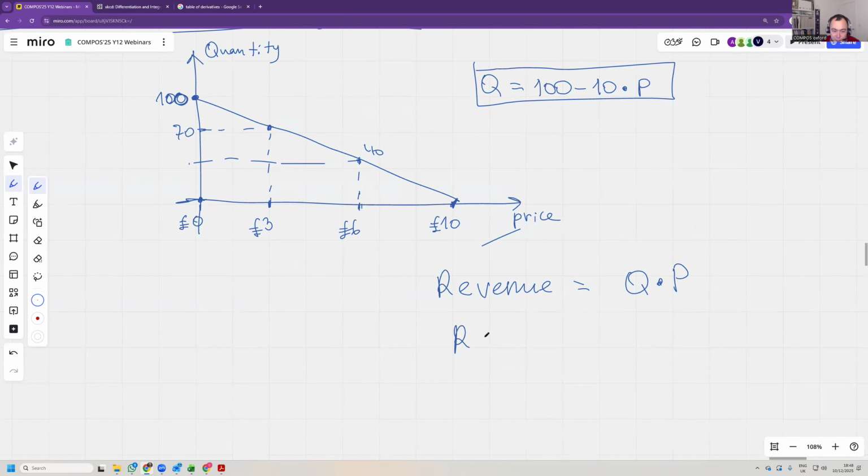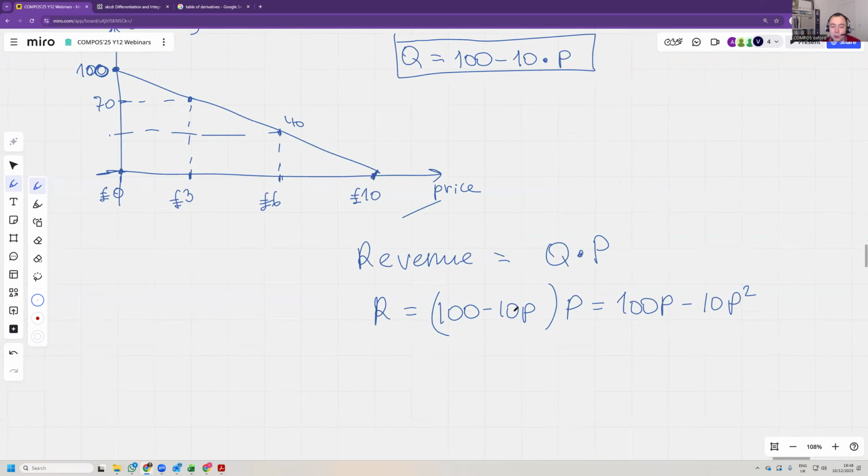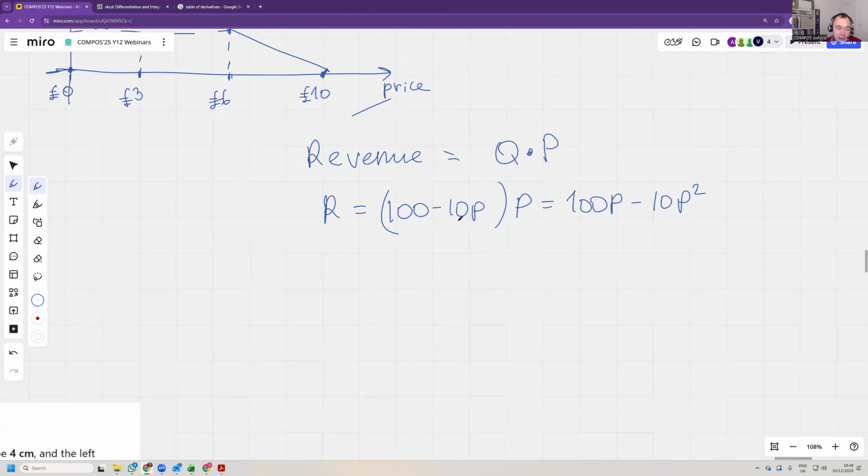So revenue is 100 minus 10p multiplied by p, which is 100p minus 10p squared. And you can see that this is a quadratic function.